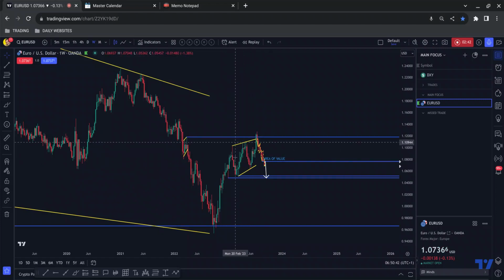Now, what do I mean by that? Well, when we have a low which comes close to a previous low, it doesn't quite tag it, and then we have another low which comes close to that low and doesn't quite tag that. That gives me a clue that each time we miss it, there is likely liquidity still sat at the low which was not tapped into, if that makes sense.